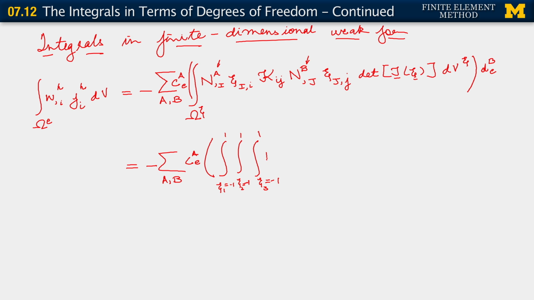Everything that we have in here, I'm not going to explicitly write as depending upon xi, but we do recognize that indeed N_A comma I will depend upon xi because N_A is trilinear in the xi's. So a derivative with respect to any one of those coordinates is going to leave us with something that's bilinear. In general, it will depend upon two of those xi's.